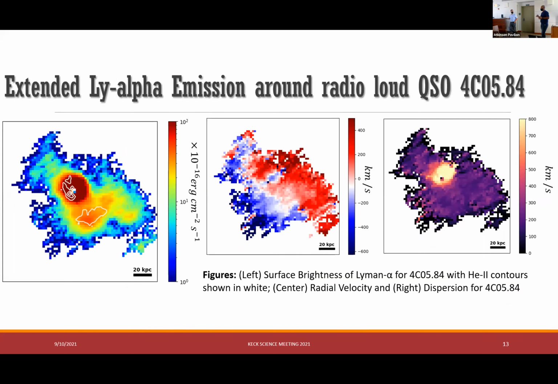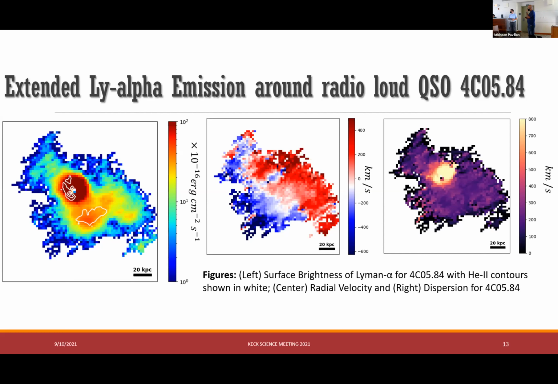This was developed by Andre Weiner, who's at Johns Hopkins now. This entire nebula that we're looking at, if you look at the Lyman alpha, it's a narrow single peak. So the absorption you'd expect in the quasar spectrum itself and in that sight line, so that's there, but this is looking purely at the CGM around the quasar. So we don't have any absorption in these lines because we're not looking at the quasar emission here.